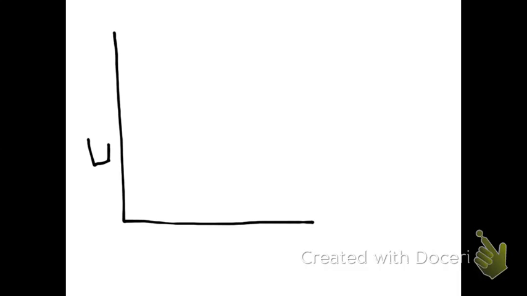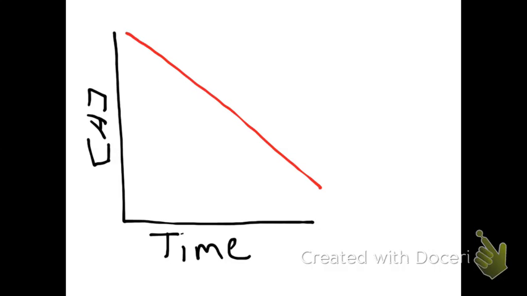Now to summarize all of this then, we'd have concentration of A over time. Let's summarize this. Okay, for zero order, you would get a straight line. That's a zero order.